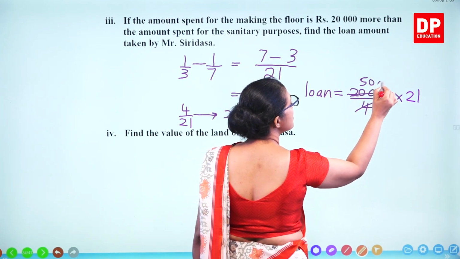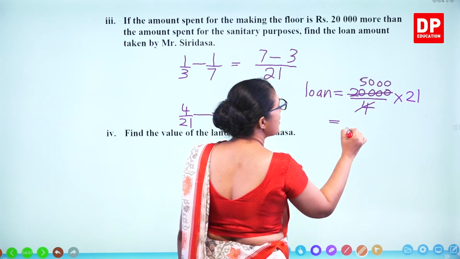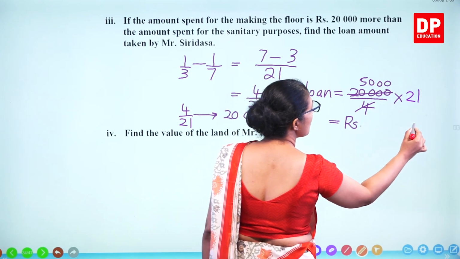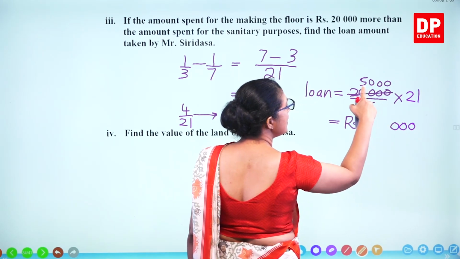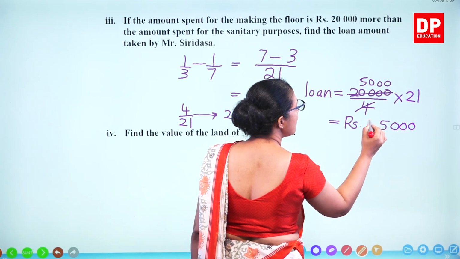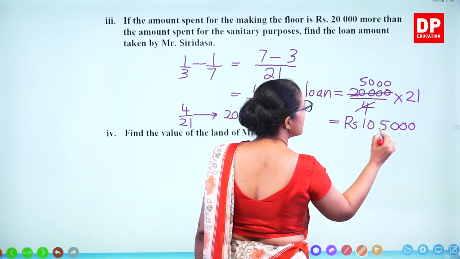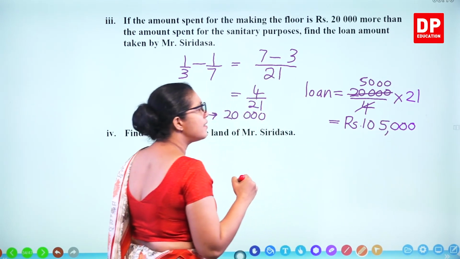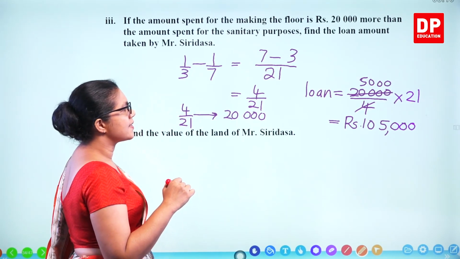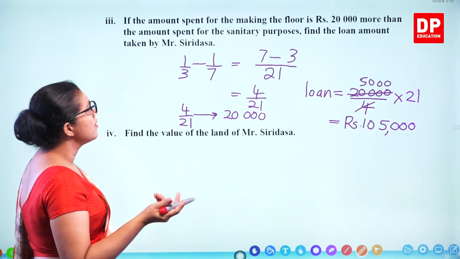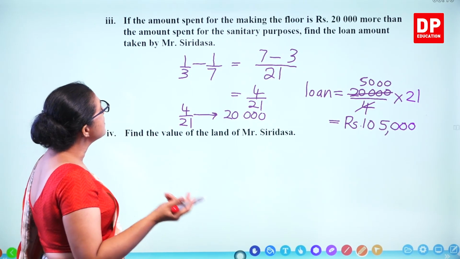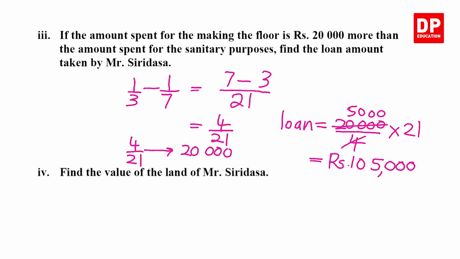So 5,000 into 21. 5 times 1, 5. 5 times 2, 10. 105,000 rupees is the loan Mr. Siridas has taken.